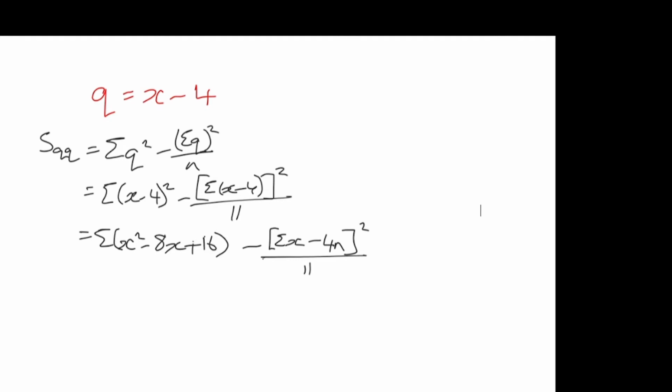The sum of 4, it's adding 4 each time, that is adding 4 for each value that we have. And that's the same as saying 4 times the number of values we have. So that's 4n. Okay, on the next line, I'm going to break each of these into an individual summation. So the sum of x squared minus 8, the sum of x, plus 16n.